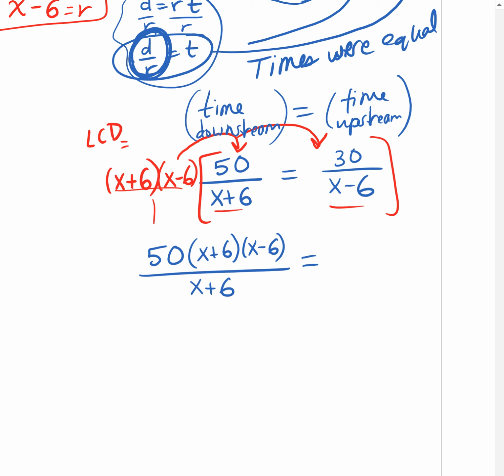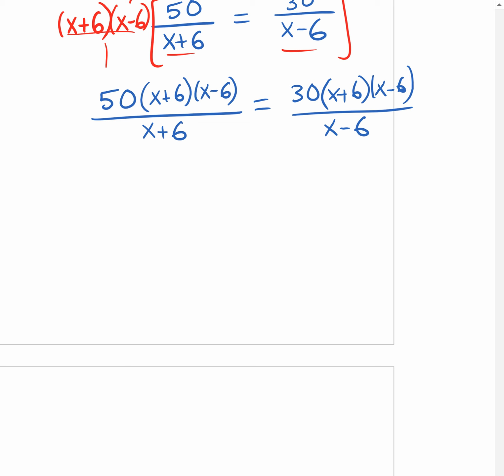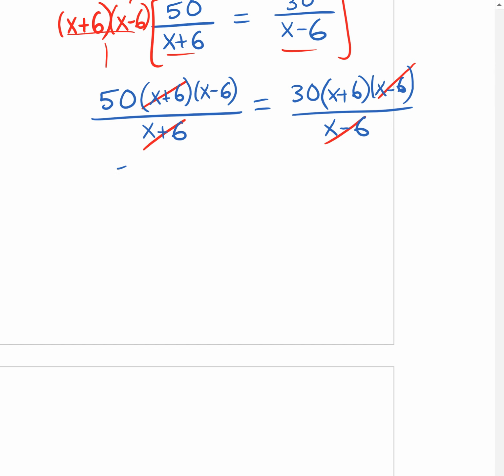On the other side, I get 30 times the x plus 6, x minus 6 that I'm multiplying by, over 1 times x minus 6, which is just x minus 6. And then all our denominators should disappear now, and they do, because here x plus 6 cancels, here x minus 6 cancels. On the left, all you're left with is 50 times x minus 6. On the right, you're left with 30 times x plus 6.